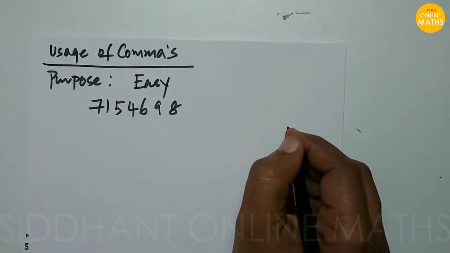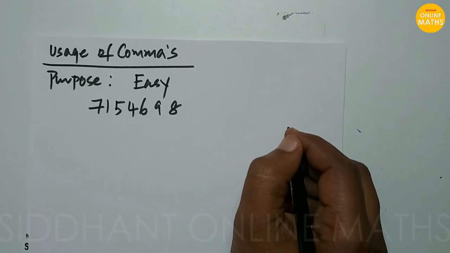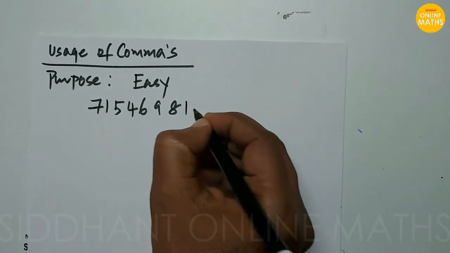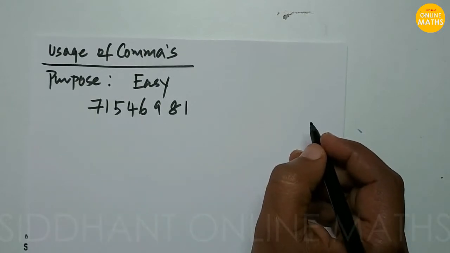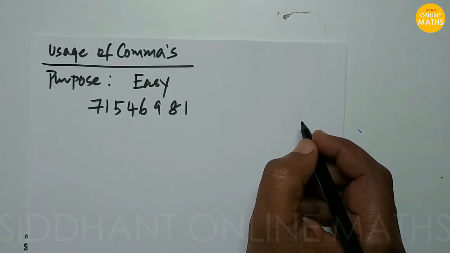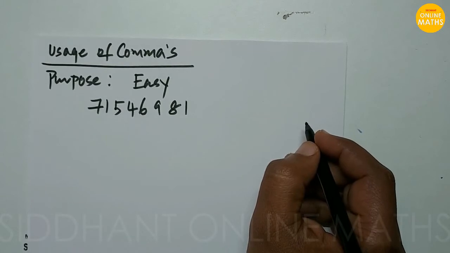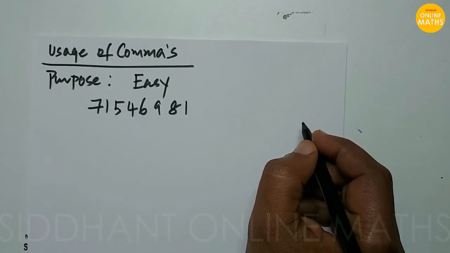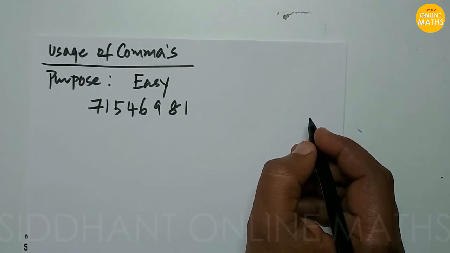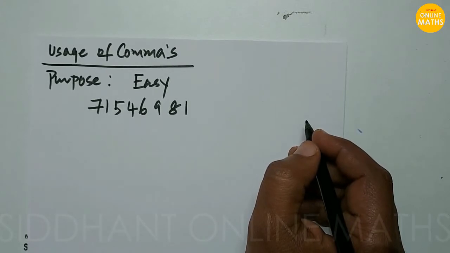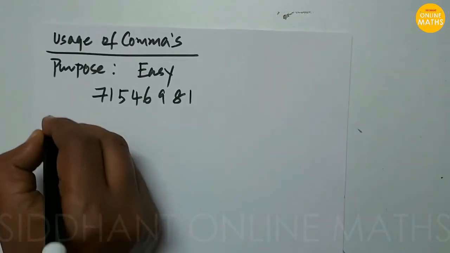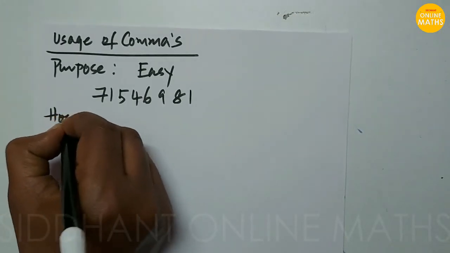How are we going to read this large number? It looks difficult. When you keep commas, it will be easy to understand the number and you can read easily.